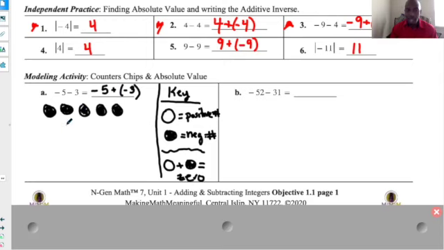Then it says add -3. Are we adding 3 positive circles? No, we're adding another 3 negative circles, so I'm going to shade those in as well.